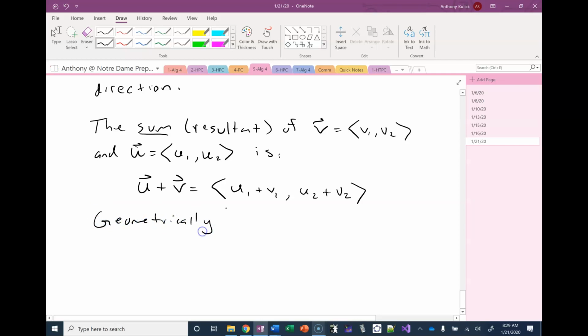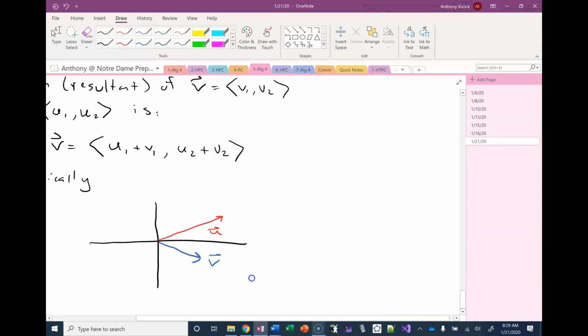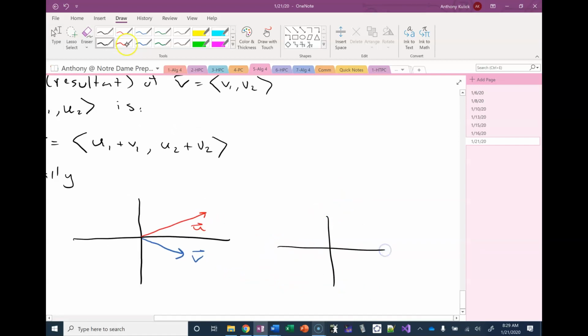Or if I look at this geometrically, if this is my vector u, and say that this one is my vector v, to draw in u plus v, what I'm going to do is take my vector u, draw an imaginary xy axis, and then draw in my vector v.